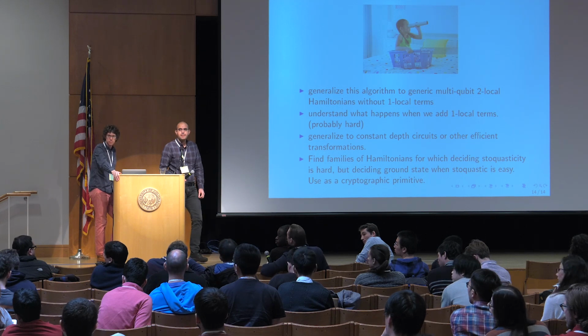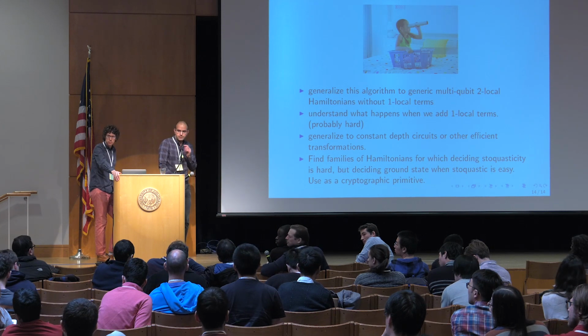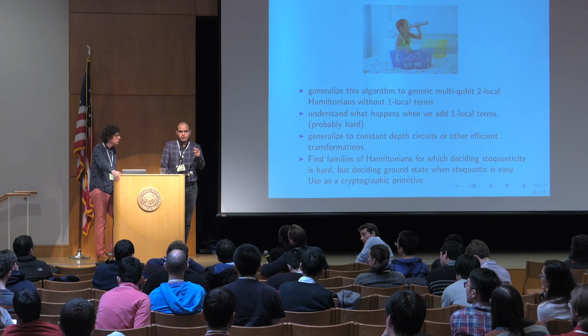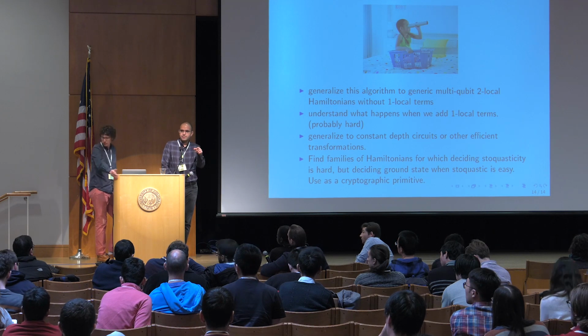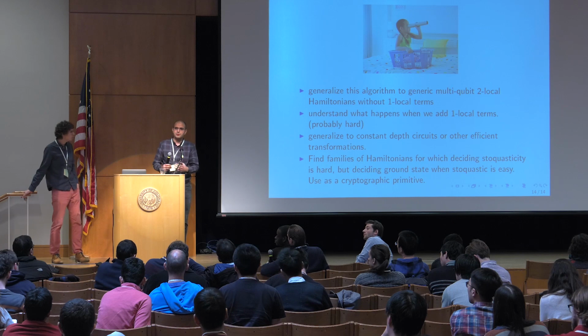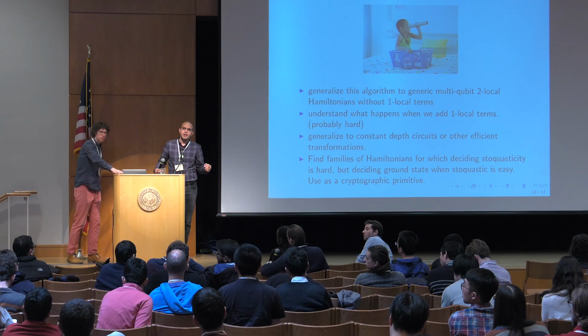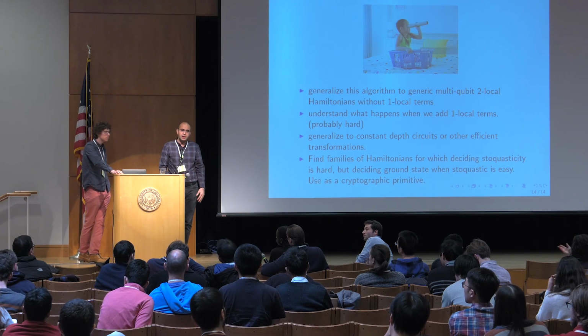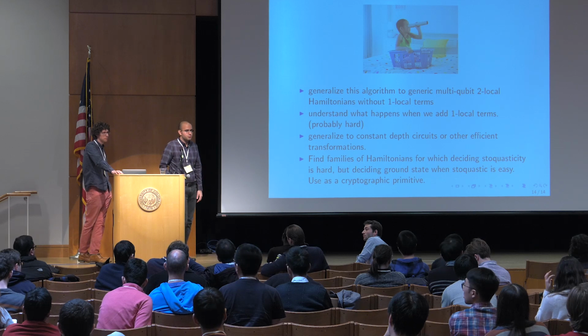It's always in NP because the prover can give you a constant depth circuit. I guess the question is something else. He's asking what if the unitaries are very complicated. I don't know the answer. It's a good question.